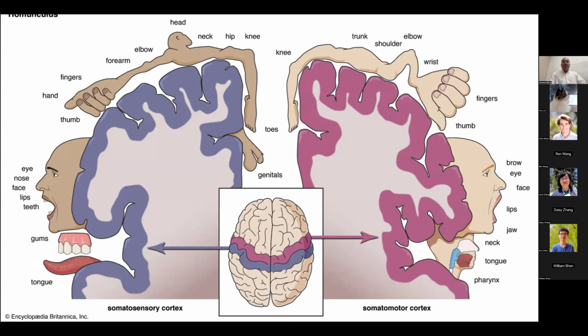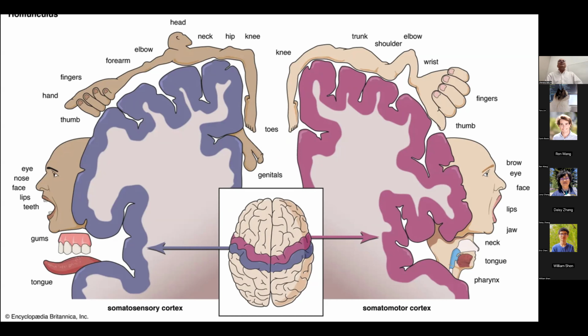Yeah. Is this mapping learned from interaction, or is it a static architecture? It is not fully static, but it is somewhat repeated from person to person. But there are classic experiments which show that, on both the motor side and the sensory side, if you use something more, like pianists, their representation of the fingers is going to take up more area.